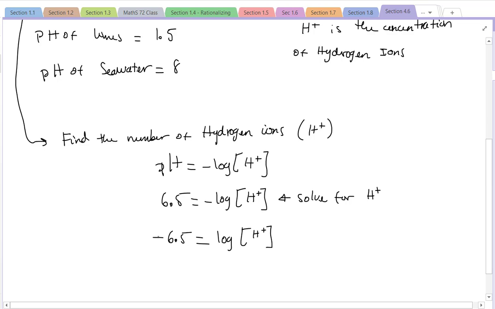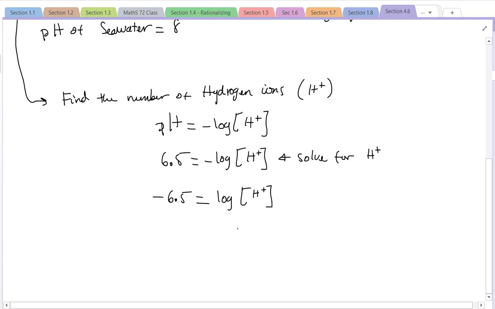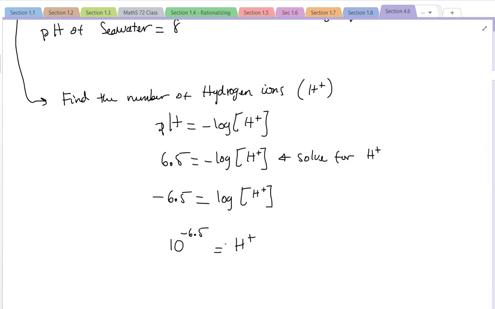To get rid of the log, we use the definition of the logarithm. I have a log expression, so we want to write it back as an exponential. So then this will be 10 to the minus 6.5 is equal to H plus. This is the number of hydrogen ions. Before this scale was created, people used to talk about the acidity of things by the number of hydrogen ions.